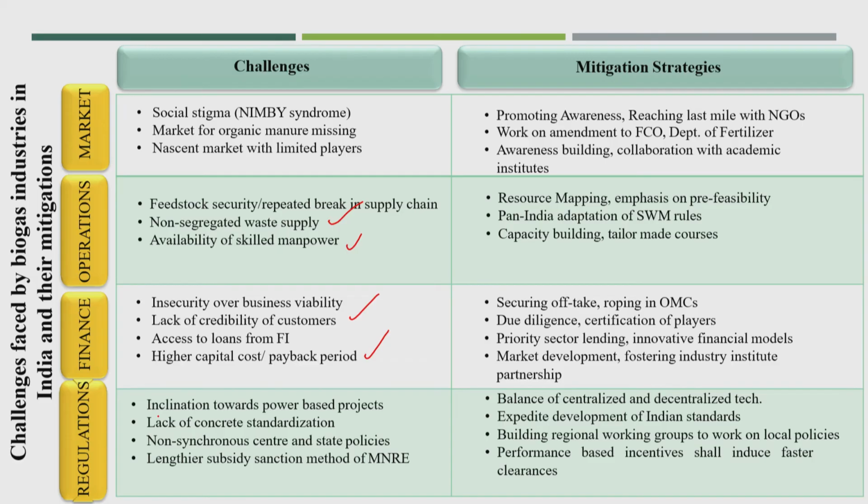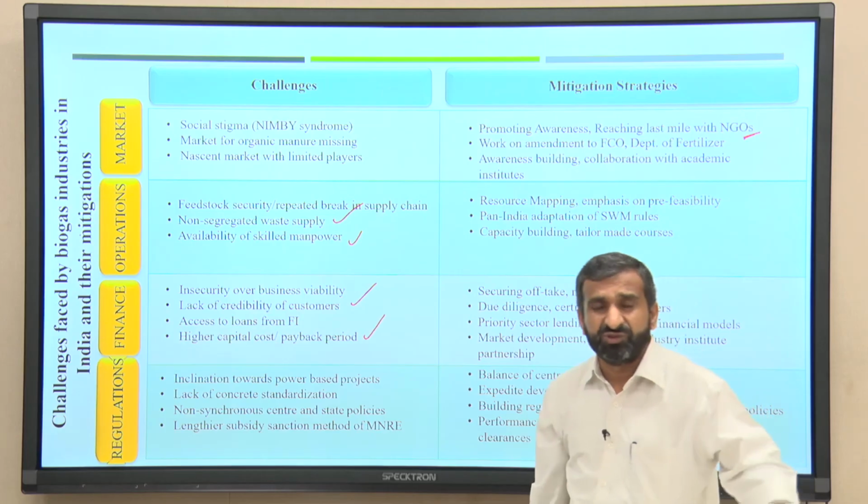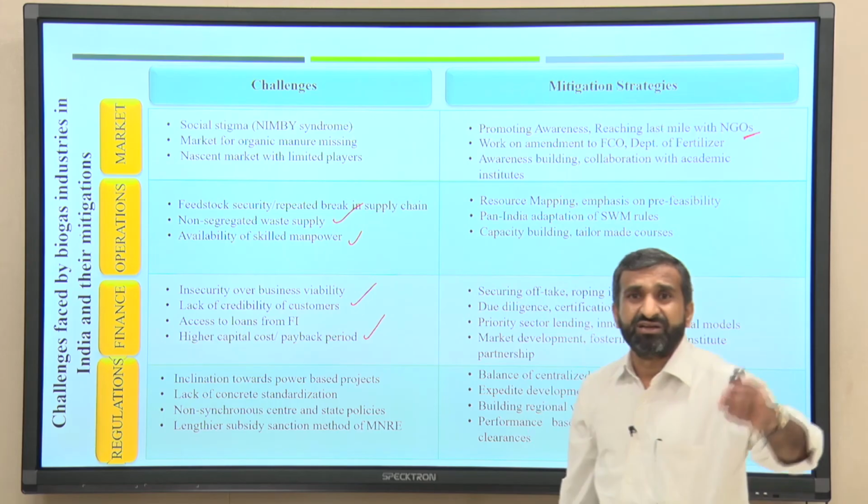So, likewise these are some challenges, but there are some mitigations also, like for the NIMBY syndrome, or there is no market. So, you need to promote awareness more, and why not include some NGOs which can work for local authorities, like the municipal board or state, even the center.